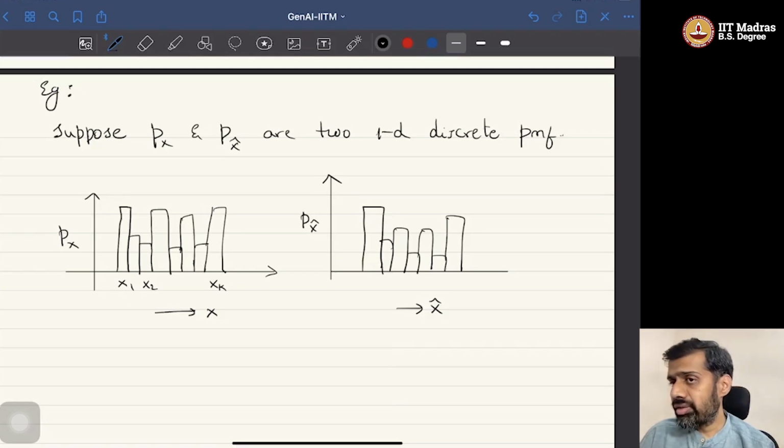Now imagine that we want to change P_X into P_X cap, right?